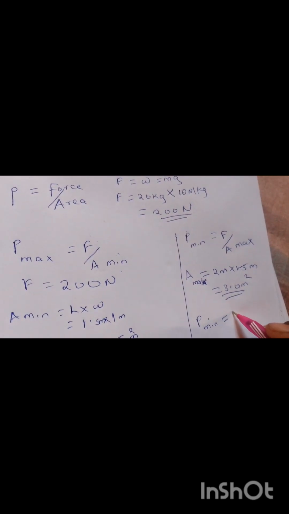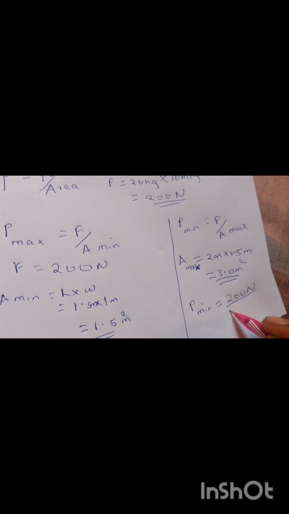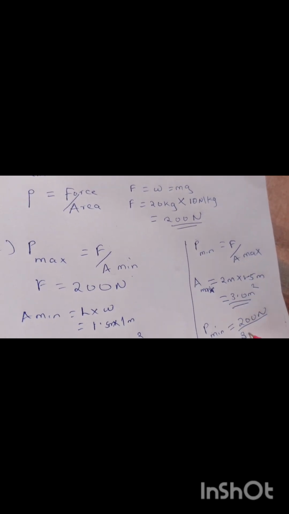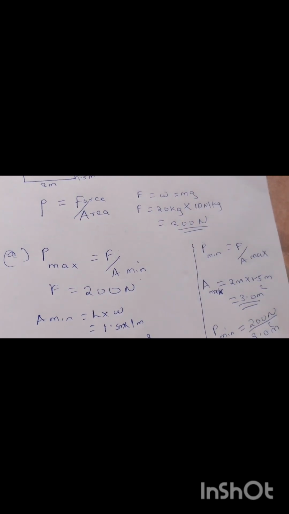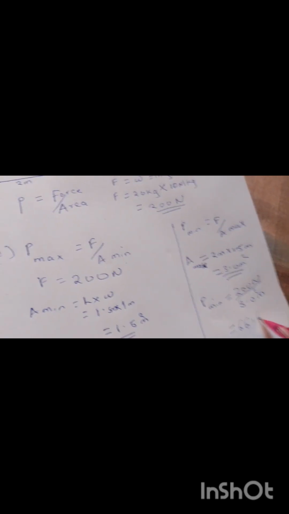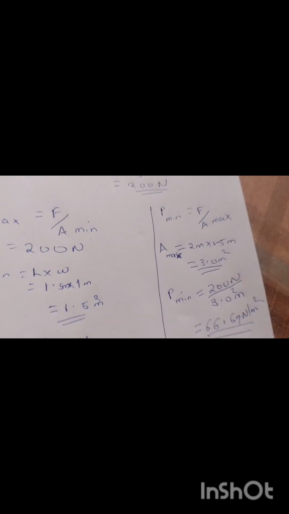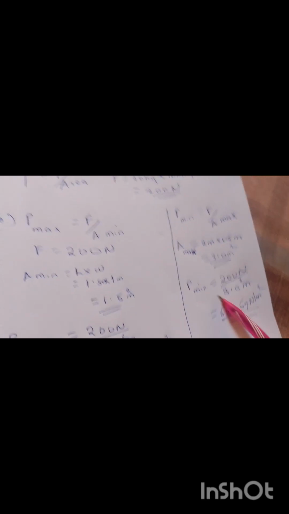Now pressure minimum is given as force, which is 200 newtons, out of the area maximum, which is 3.0 square meters. And then when you divide, you get that it is 66.67 newtons per square meter. So this is the pressure minimum. This is the least pressure that will be exerted on this block, and this is the pressure maximum that will be exerted on this block.